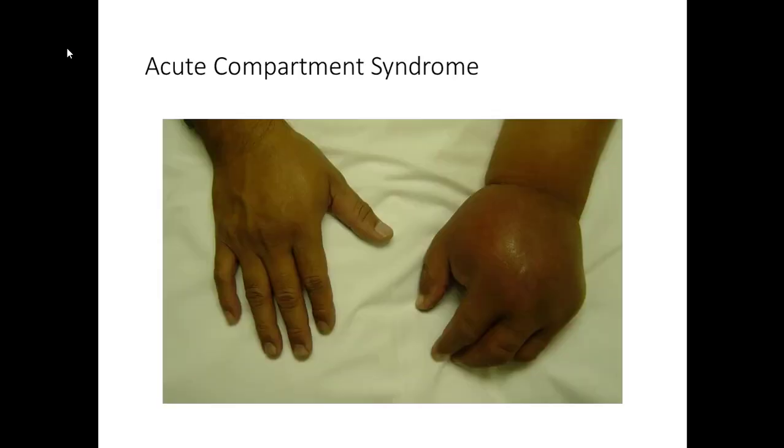All right, next slide. This is acute compartment syndrome. All right, I don't want to get into too much because I have it all written down on the next couple slides.